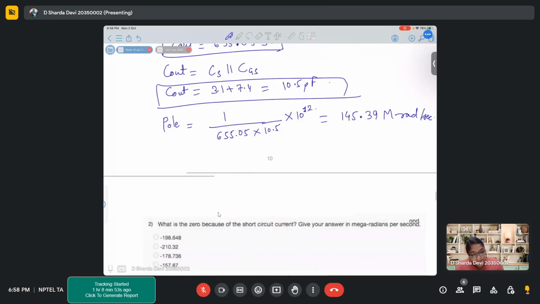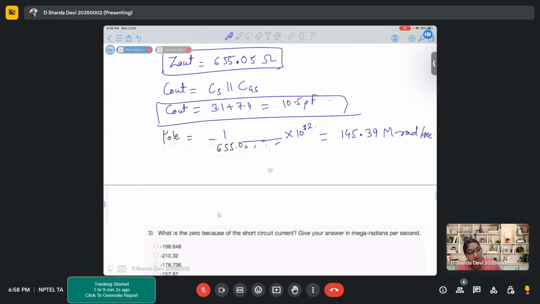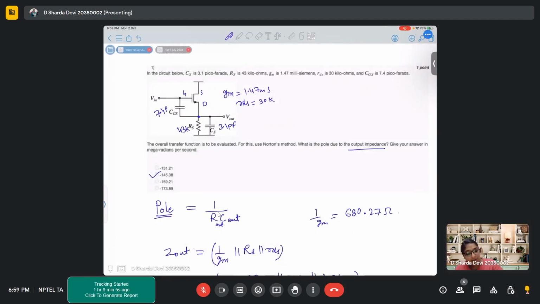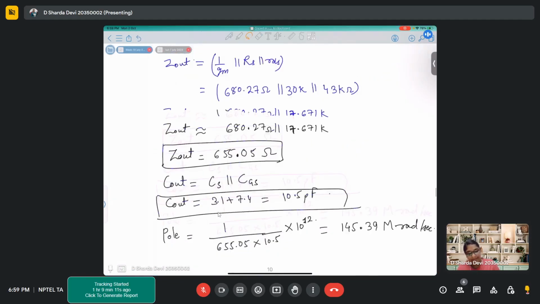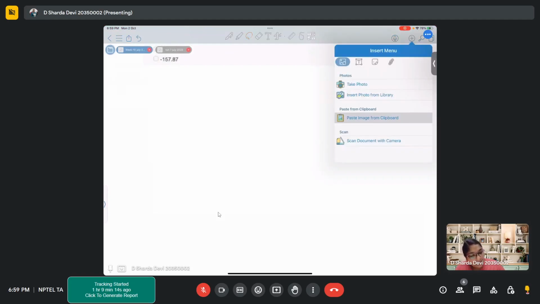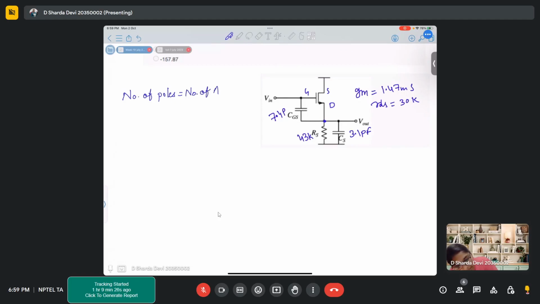Now, it is asked what is the value of zero because of the short circuit current that is appearing. So how do we find zeros? I guess we discussed it once before, but let me reiterate it again. Number of poles is equal to number of AC nodes. The number of AC nodes that you have in your system, that many poles will appear in your circuit.